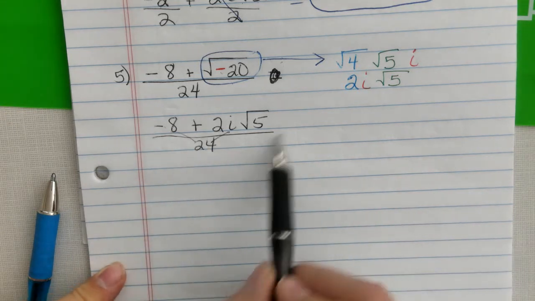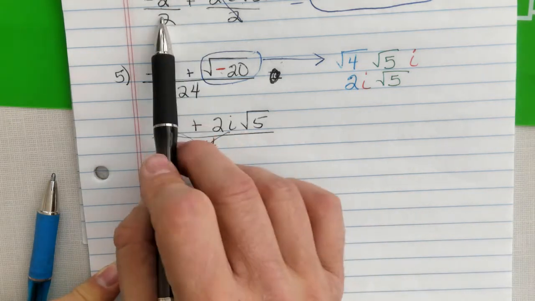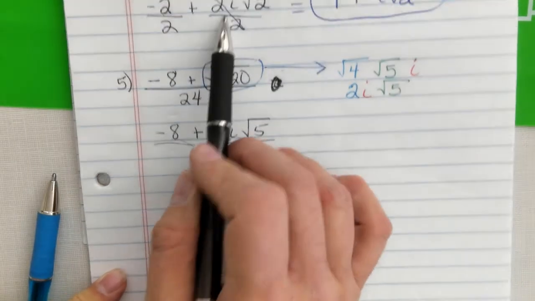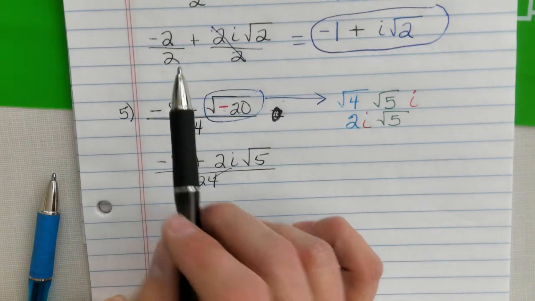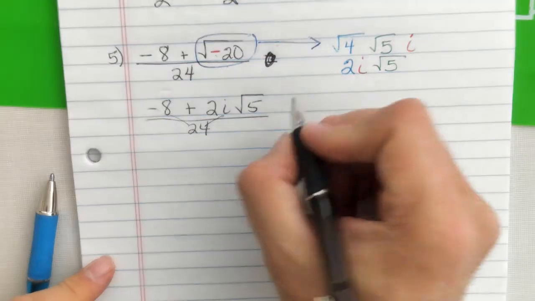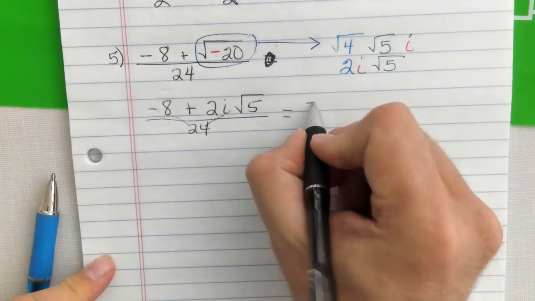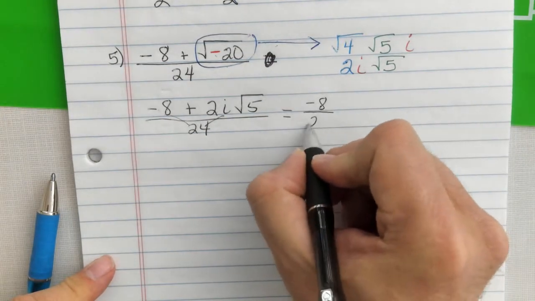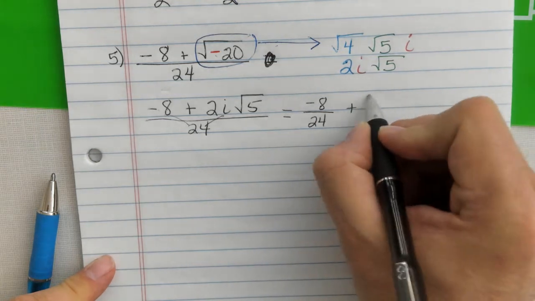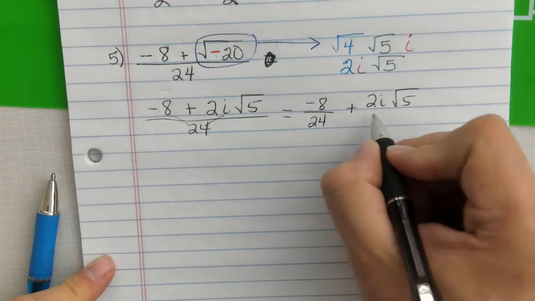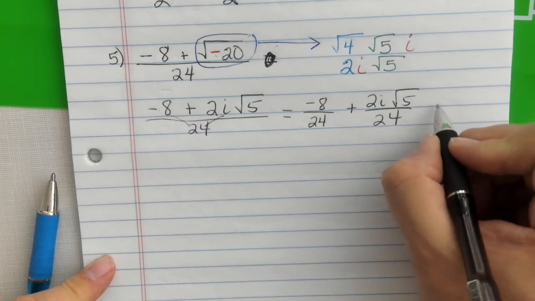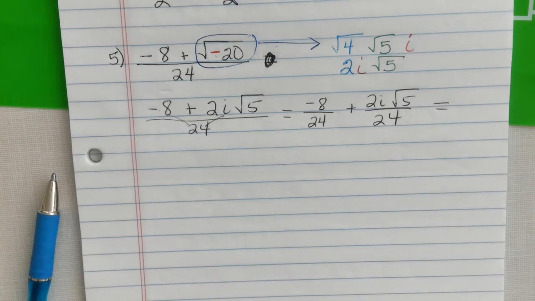I didn't show this step right here. I went straight to separated up here on this one. So let me see. If I separate it, negative 8 over 24 plus 2i square root of 5 over 24. This one's going to be sort of messy to type in, I think.